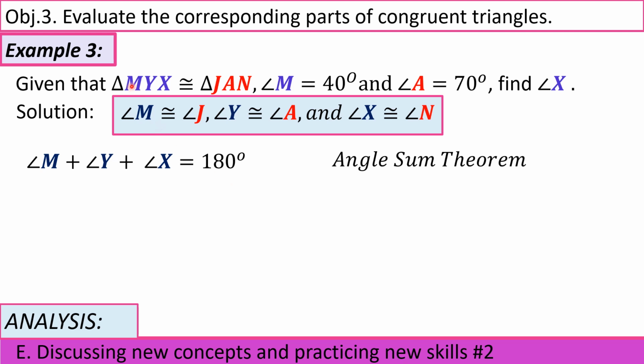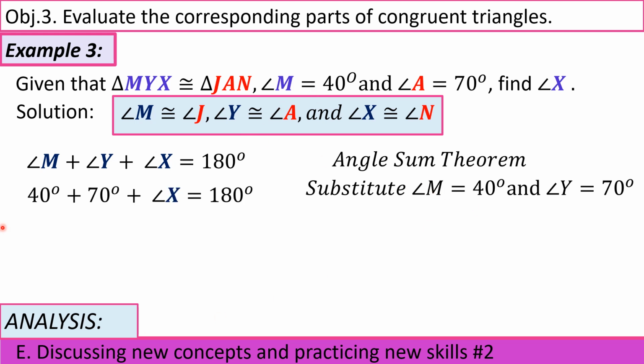So the sum of these three vertices or three angles is 180 degrees. Now we are going to substitute the value of angle M because given po siya. That is 40 degrees.